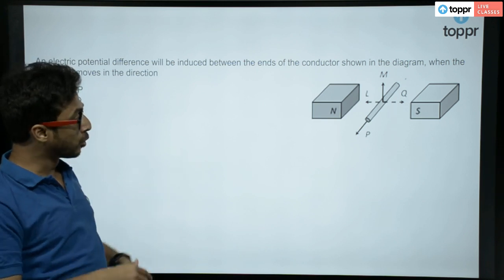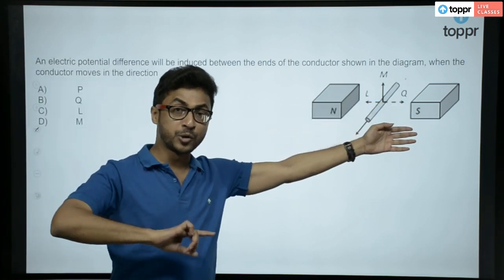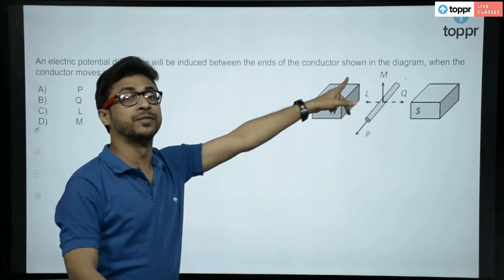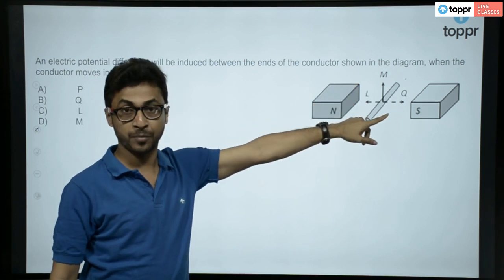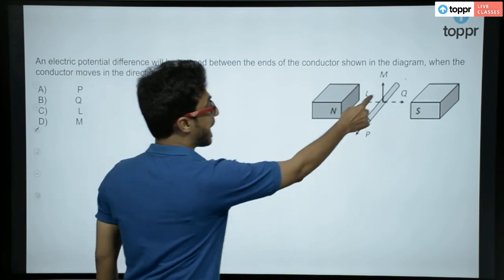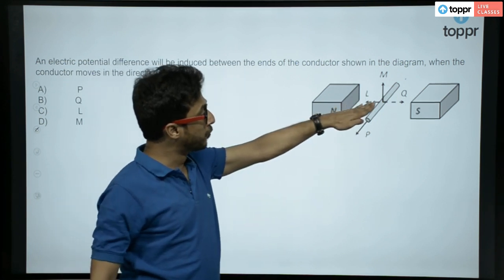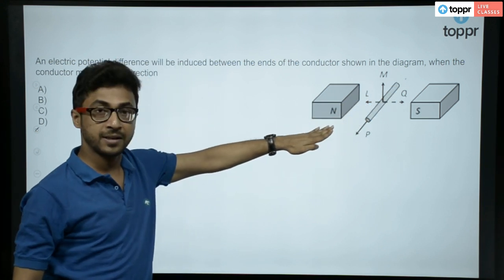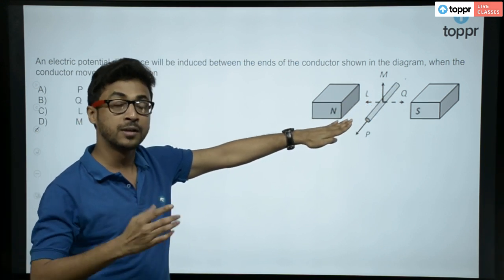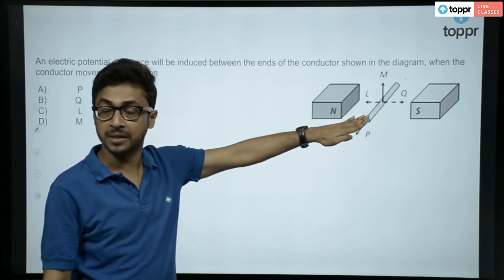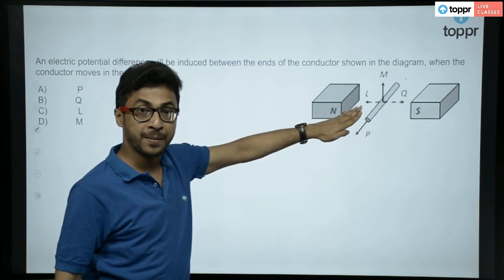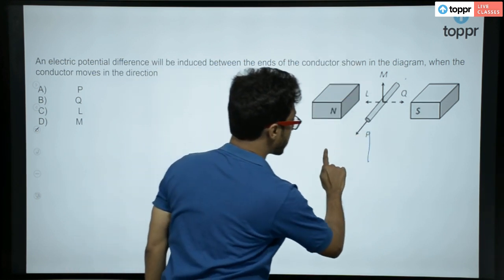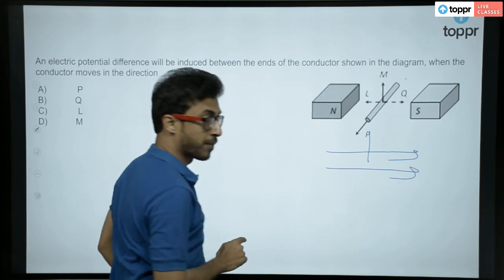Same thing, you know that induced EMF will be induced when there is a cutting of the flux. The flux should change, right? You can very well see if the conductor is moved Q-wise or L-wise or P-wise, flux length is not cut, right? The flux length is only changing when it is moving this way, because magnetic fields are from this to this.